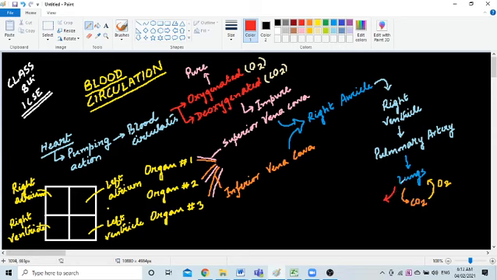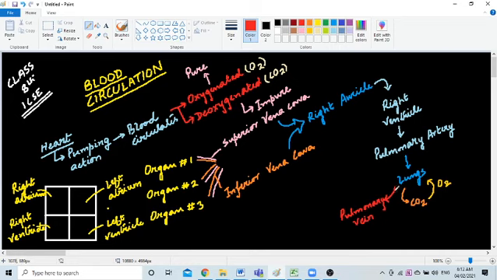Now the oxygenated blood is carried by the pulmonary vein.